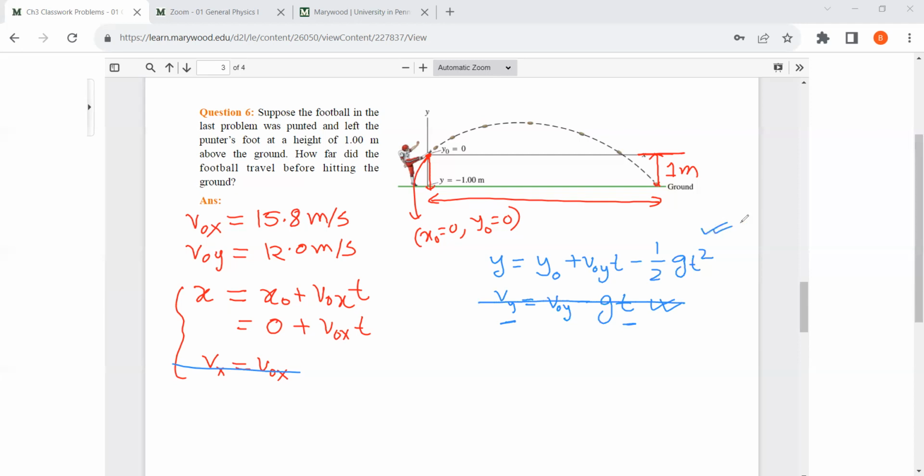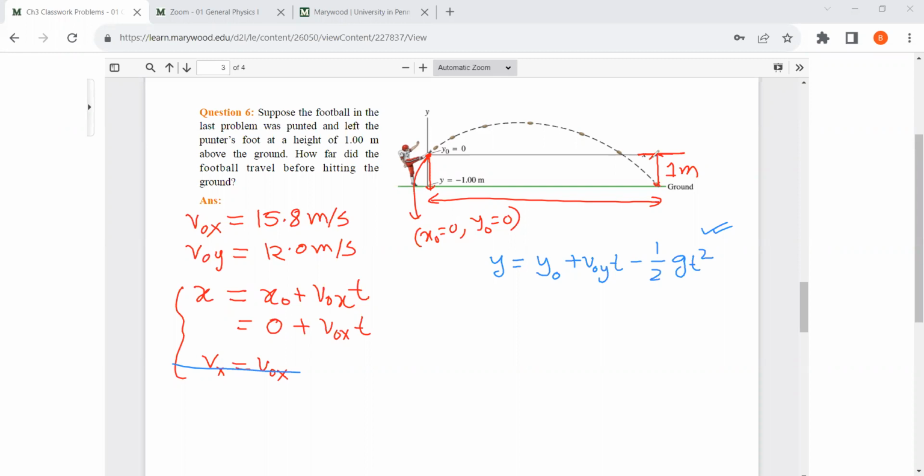This equation we can use because we know y, we know y0, and we know v0y. The only unknown in this equation is t. So we can use this equation, although it may not be that easy. What is y? Y is this height.